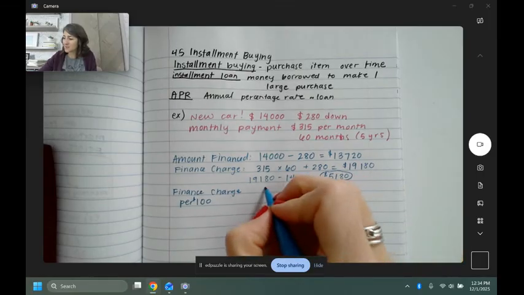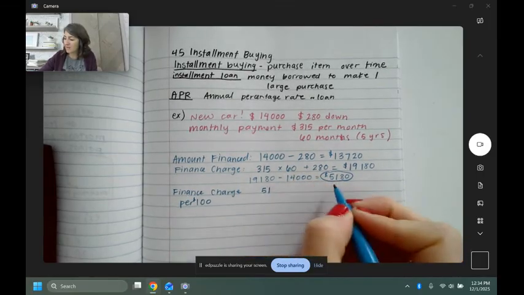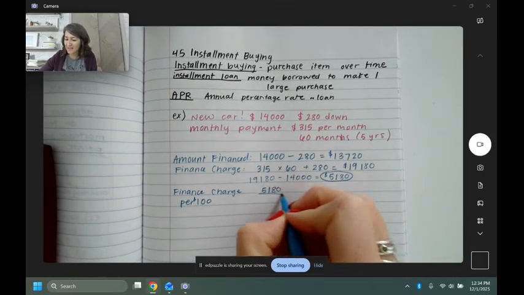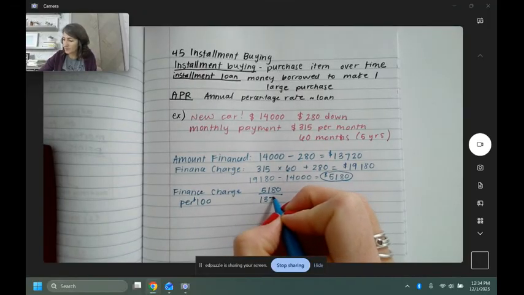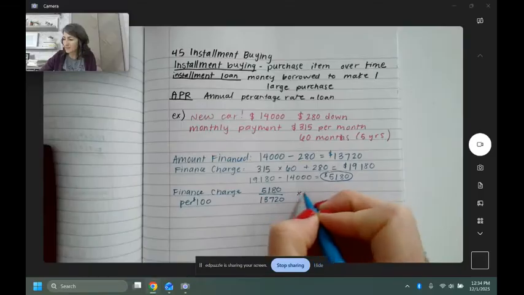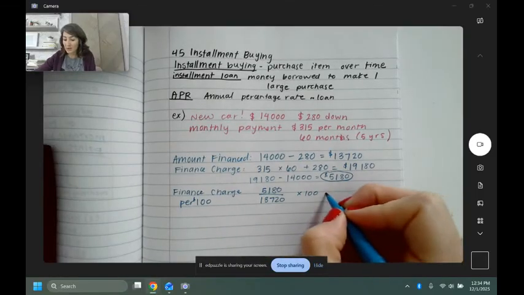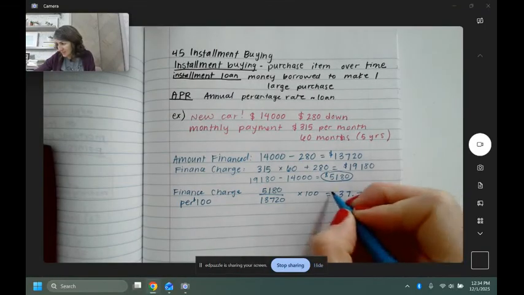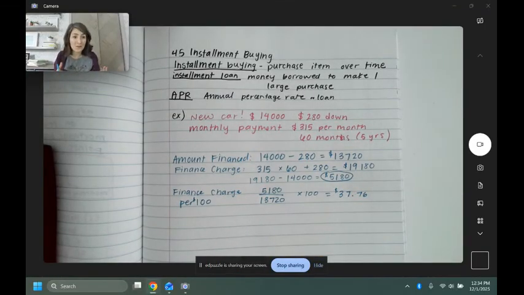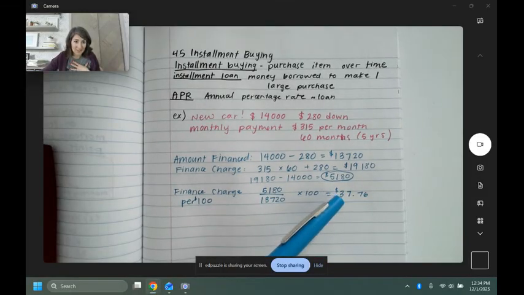I'm going to take that $5,180 divided by my loan amount, times 100, and I get $37.76. So every $100 I paid towards this loan, I paid about $37 in interest.